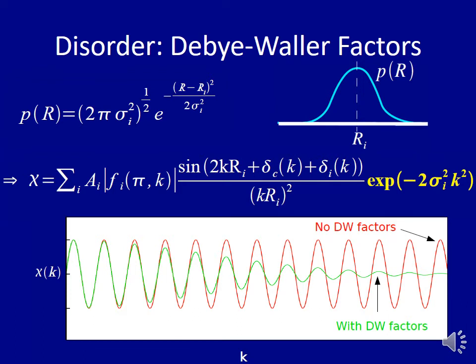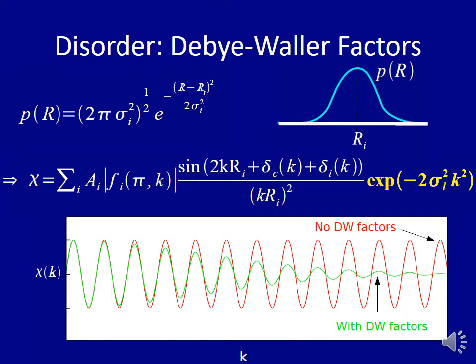So another thing that can affect the XAFS is disorder, and that can be static disorder or vibrational disorder, for example. Static disorder could be something like defects or whatnot. Now, what this does is that instead of having a nearest neighbor that's at a specific position, you have a set of nearest neighbors which give you a probability distribution of neighbor distances.